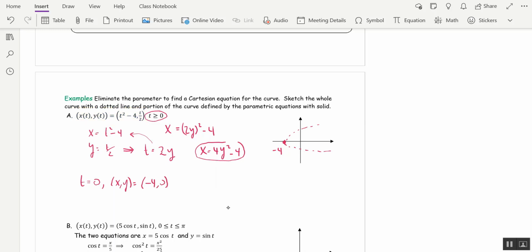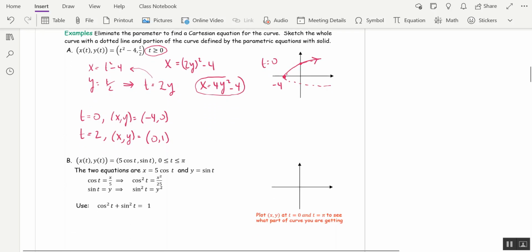So I know that this is my starting point, and I'm either going to go up or I'm going to go down. Let's see. To find out which way you're going to go, just pick any t greater than 0. So maybe t equals 2. And then compute x and y and see whether you're going along the top or along the bottom. So in this case, if t is 2, x comma y is 0, 1. So that's up here. So now I know I'm going this way. I'm getting the top half of the parabola.